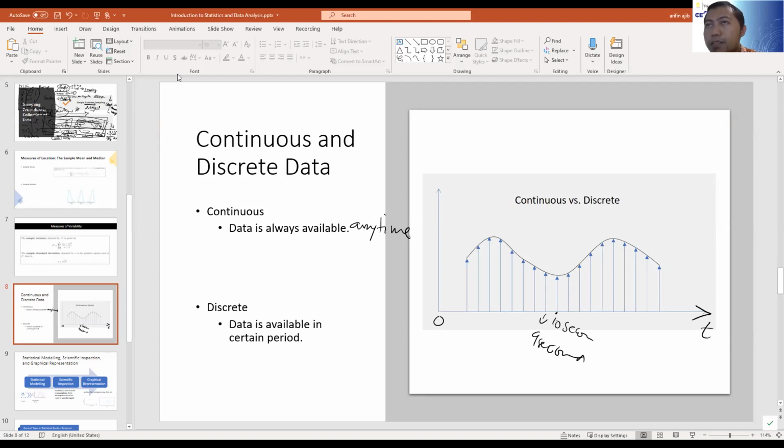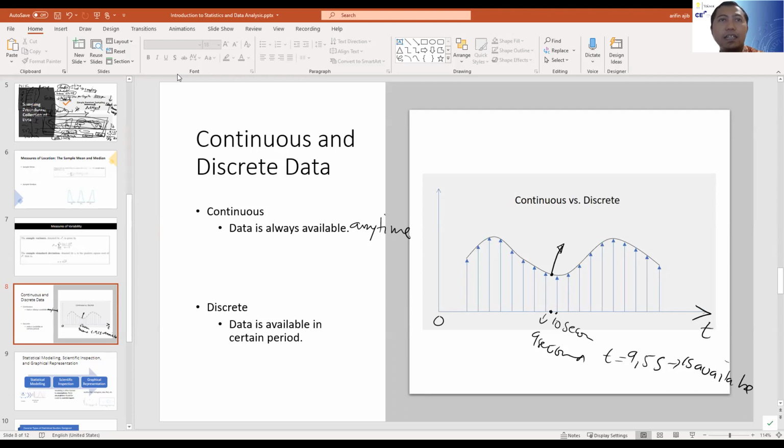Yes, 9 seconds means that when we take time at 9.5 seconds, the data is available. You can see here, let's say this point 9.5. So you can take this data here. You can extract. Yeah, that's the meaning of continuous.